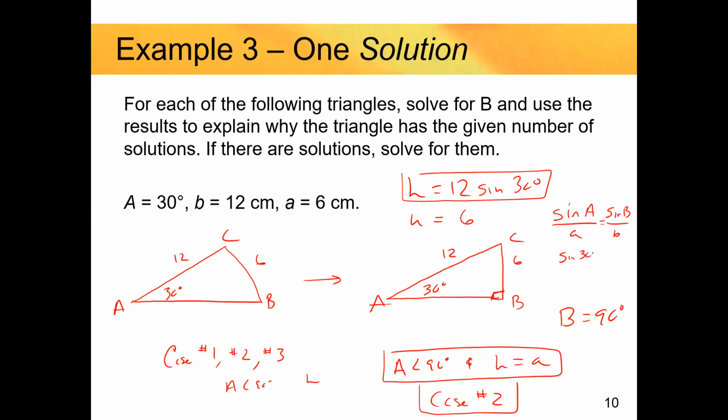Sine of 30 degrees over 6 is equal to sine of B over 12. We're going to multiply both sides by 12. And are you guys okay with 2 sine 30 degrees being equal to sine of B? Sorry, I'm writing it super small here.